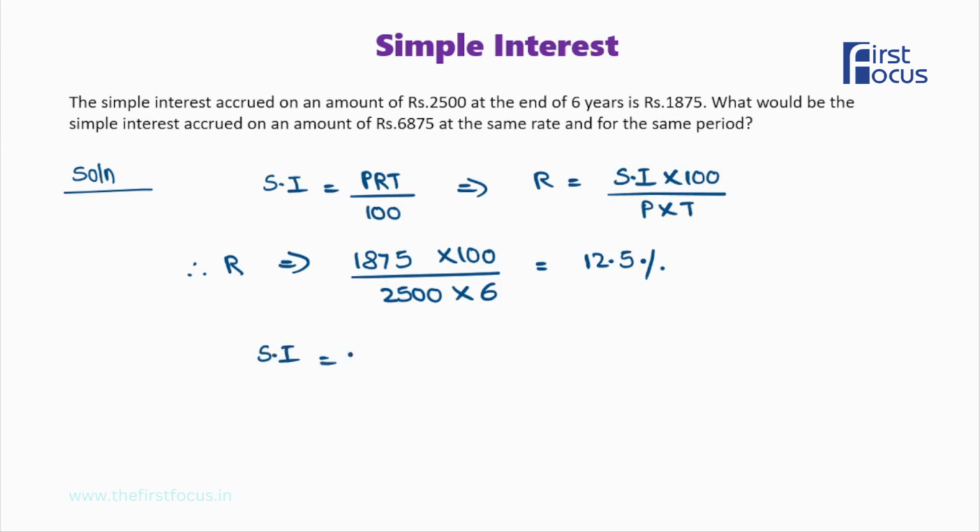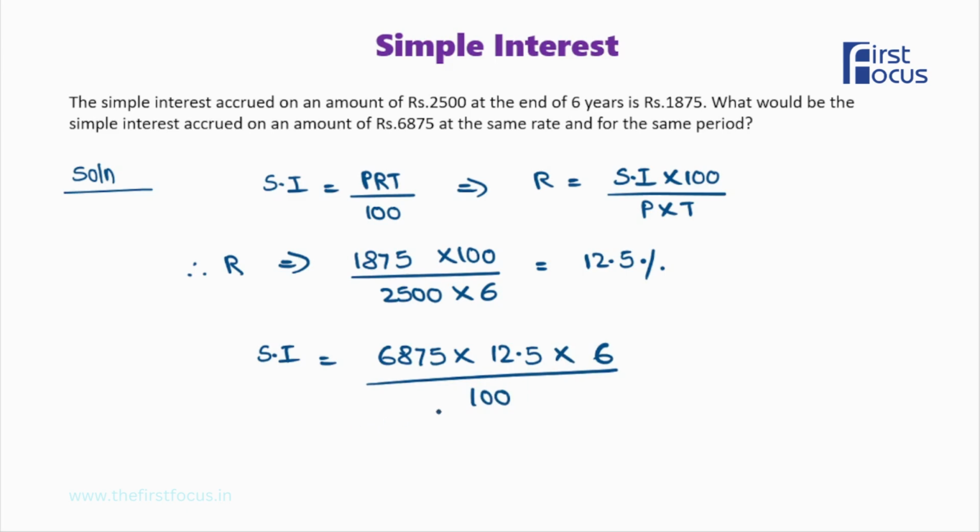So the simple interest will become, the principal amount here is 6875 into the rate 12.5 into 6 years divided by 100.